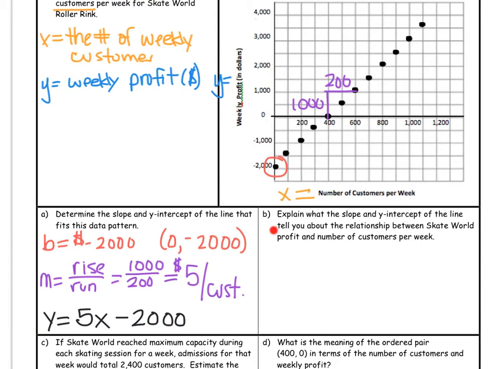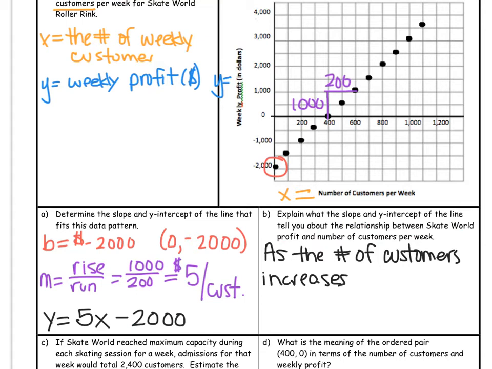Okay, letter B, explain what the slope and the y-intercept of the line tell you about the relationship between Skate World profit and the number of customers per week. Well, we just said that. As the number of customers increases, the profit increases.